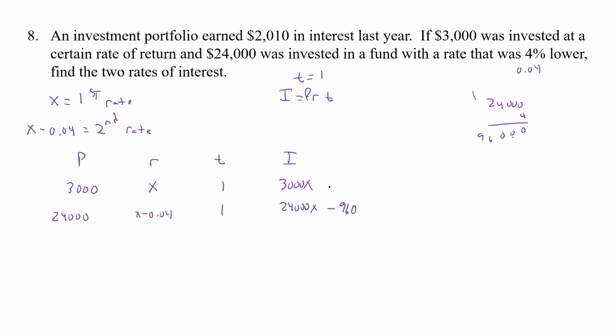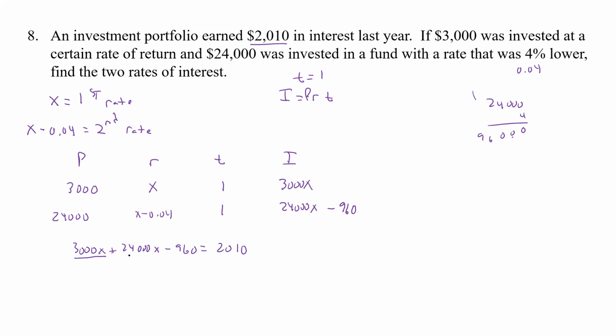Okay. And so now we have to say, okay, well, the total earned is 2010. So we're going to add this interest to this interest equals that total. So 3,000X plus 24,000X minus 960 equals 2010.